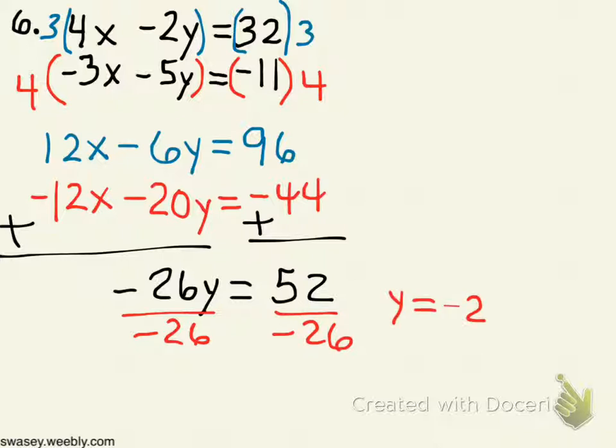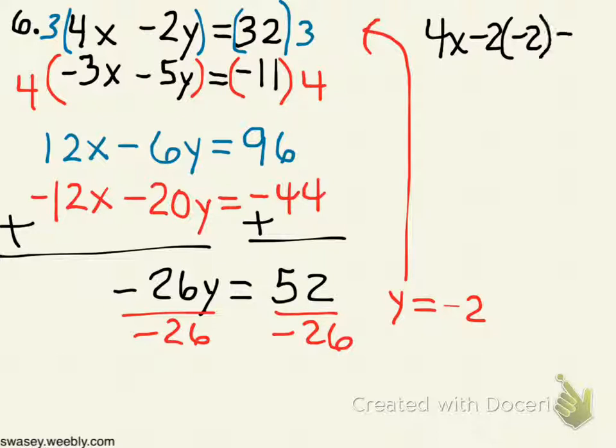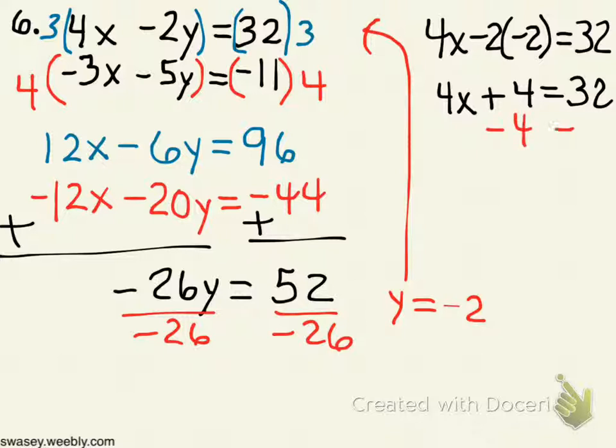We'll take that negative 2 and plug it back in. I'll just go with the top equation this time. So 4x minus 2 times negative 2 equals 32. Negative 2 times negative 2 is positive 4. So we have 4x plus 4 equals 32. Two-step equation from here. Subtract 4 from each side, you get 28. And then divide by 4.